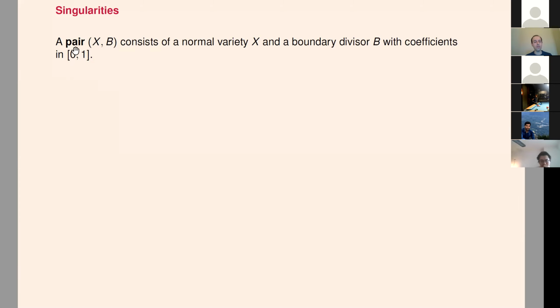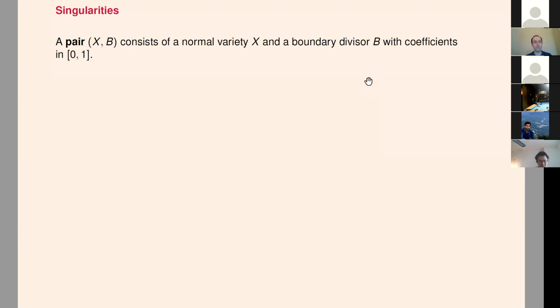So roughly speaking, a pair (X,B) consists of a normal variety X and a boundary divisor B with coefficients between 0 and 1. So you have a divisor, just a linear combination of prime divisors, codimension 1 subvarieties, and the coefficients here, unlike in most other places in algebraic geometry where divisors always have integer coefficients, here we take rational coefficients or even real coefficients.